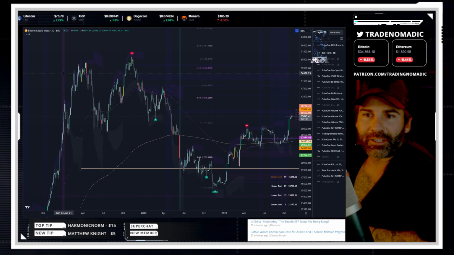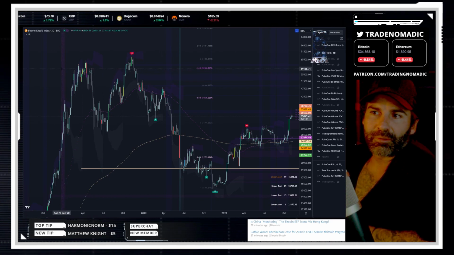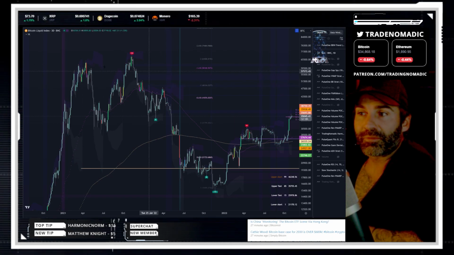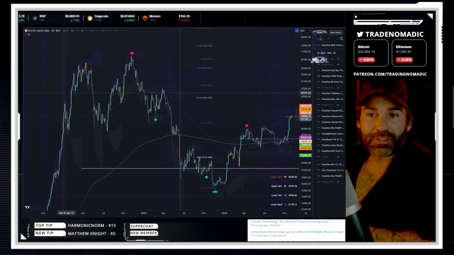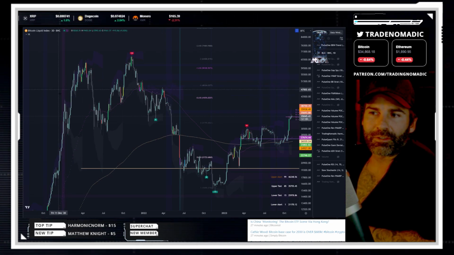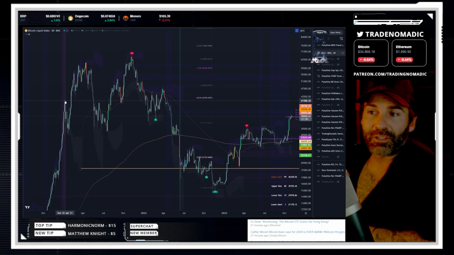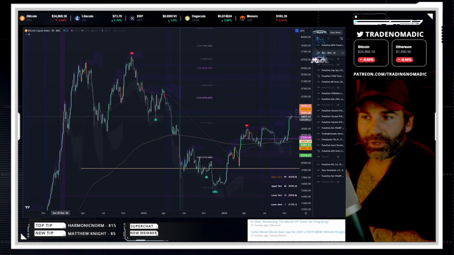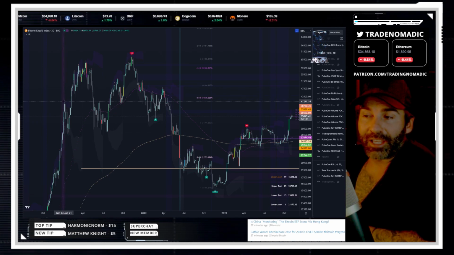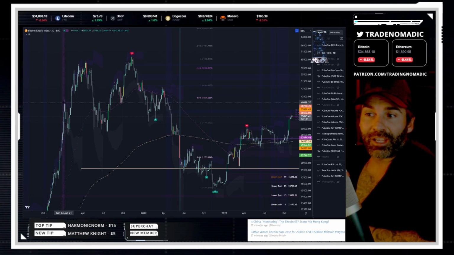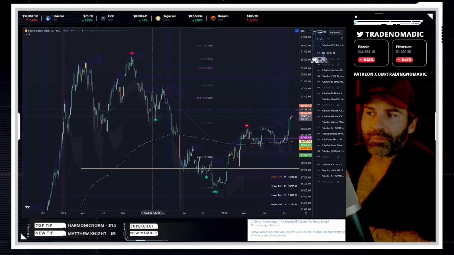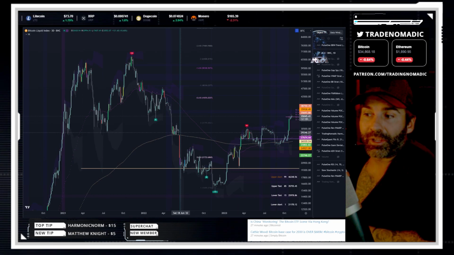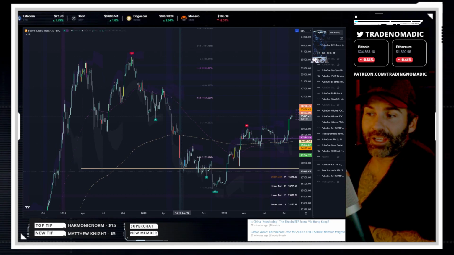This is originally by Caretaker, and all I've done basically is use the extreme alert as part of the signal process when I'm trying to identify this purple vertical line that's telling me that could be a top. That is an extreme level on that indicator, and that would indicate the possibility of a top. The green one would be the possibility of a bottom. That would show that that indicator is at extremes.